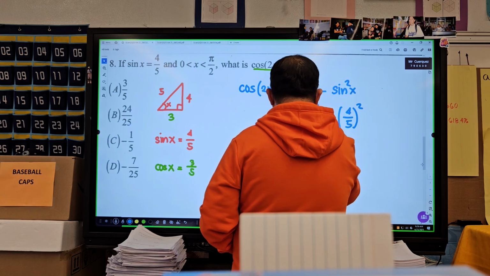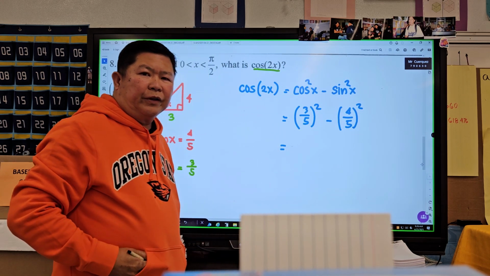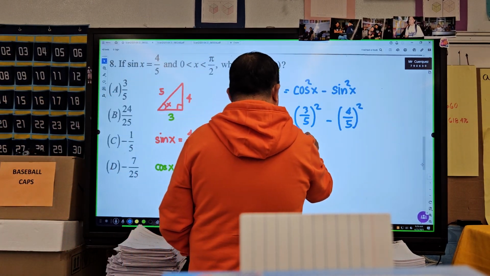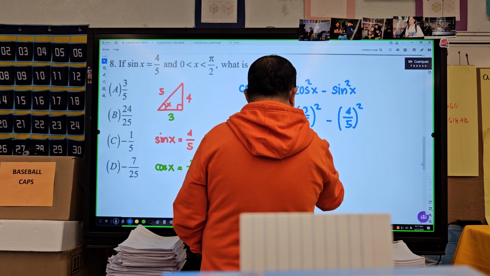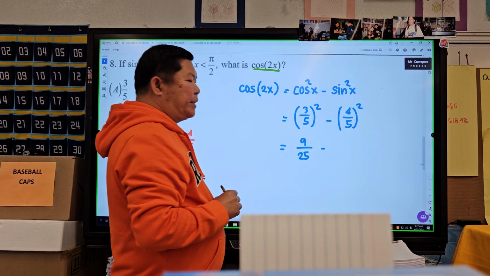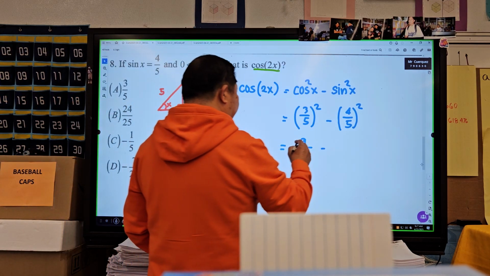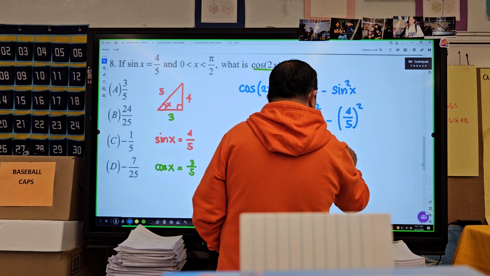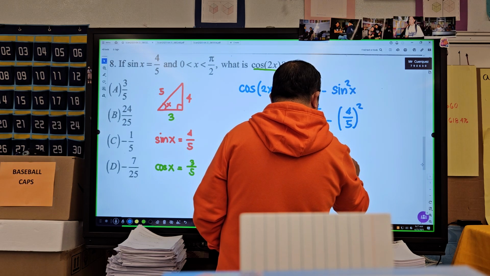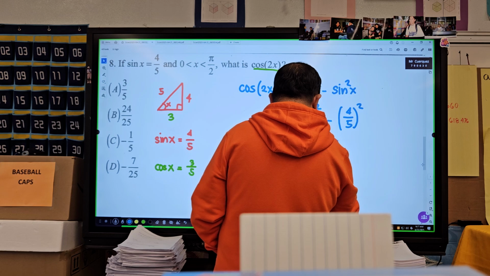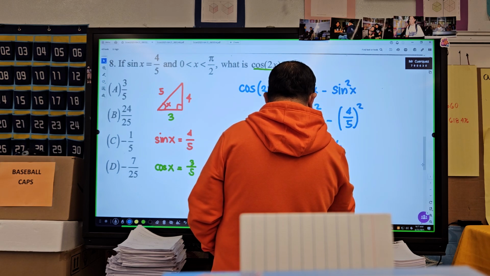So simplifying this, we have 3 squared is 9 over 5 squared is 25, and then minus 4 squared is 16 over 25. They have common bases, 25. This means 9 minus 16.